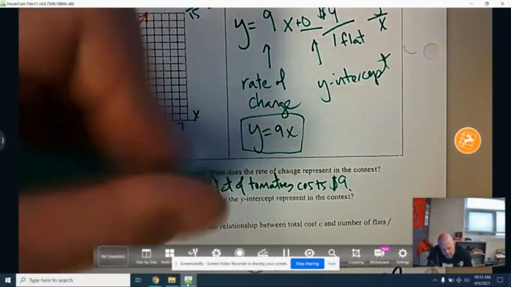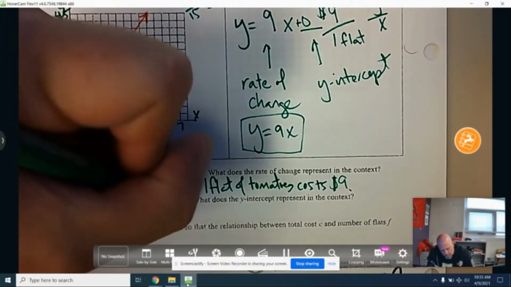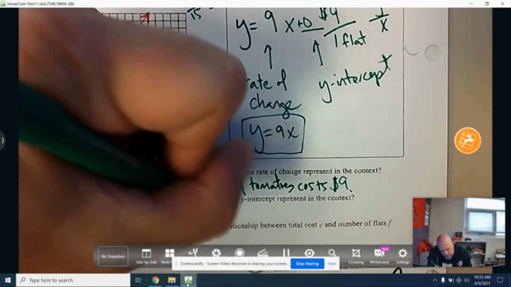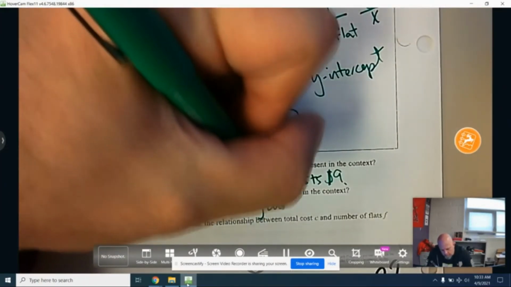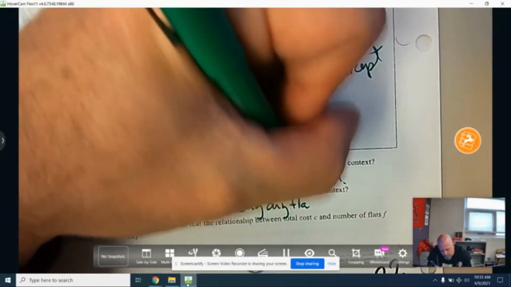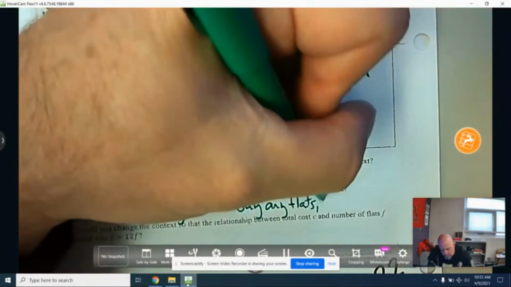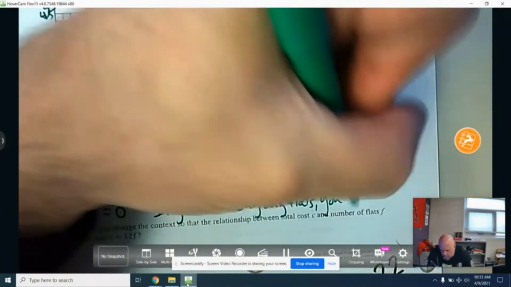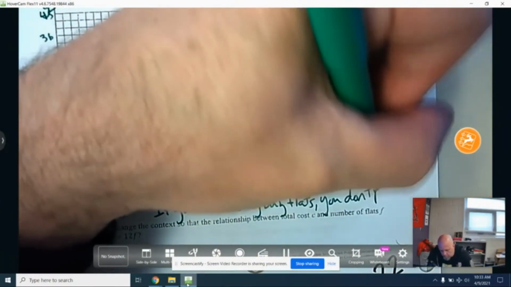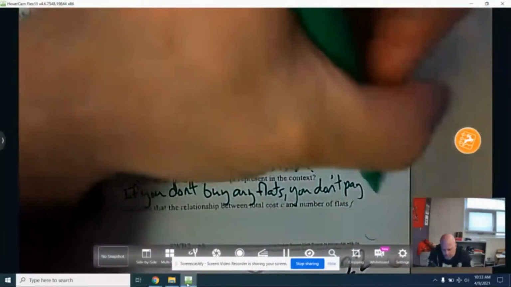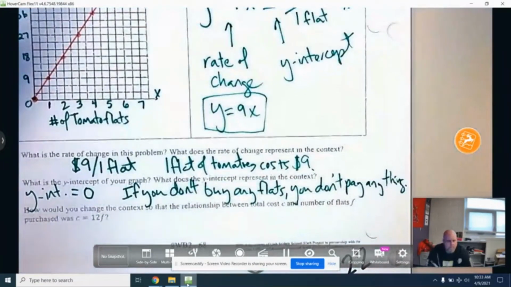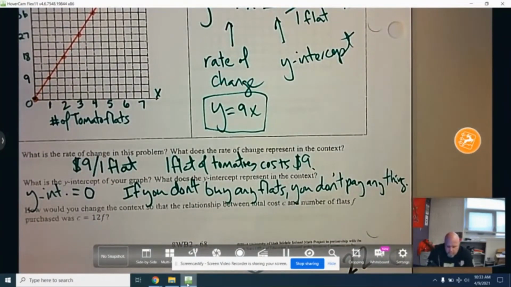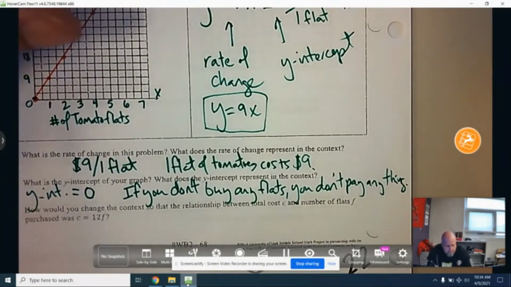Well, for this problem, it means if you don't buy any flats, you don't pay anything. Something along those lines, like, well, 0 tomatoes equals $0, okay? So if you don't buy anything, it doesn't cost you anything.